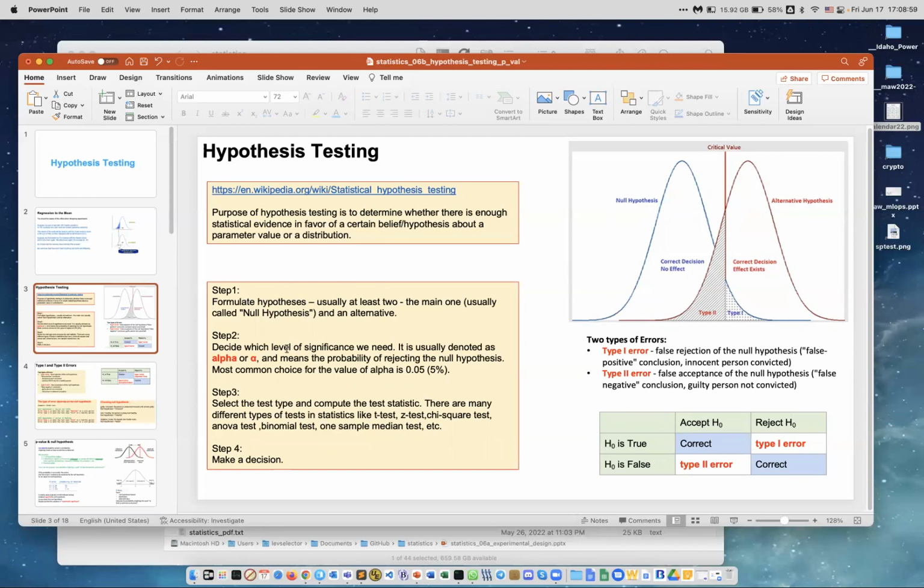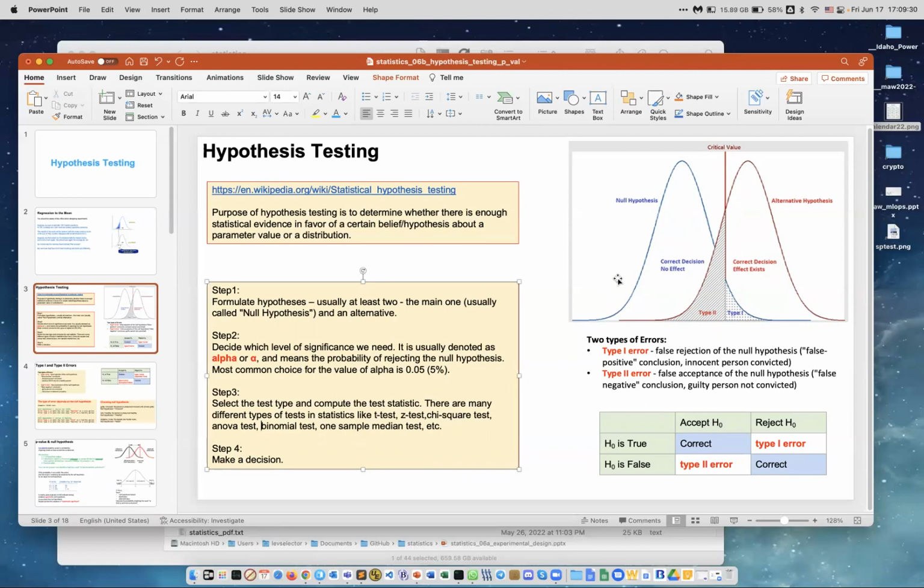Second, you decide which level of significance you need, usually denoted as alpha, and usually it's about 5%. That's the kind of accuracy you want. Step 3, select the test type and compute test statistics, like t-test, z-test, chi-squared tests, ANOVA test, binomial tests, whatever, multiple tests available. And after doing the tests, calculating your statistics, you're making a decision.